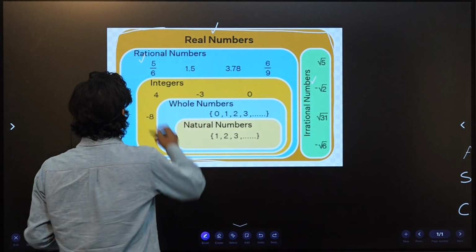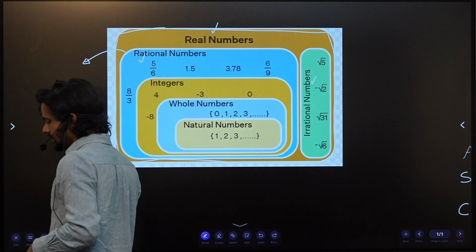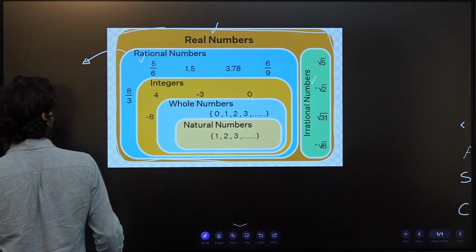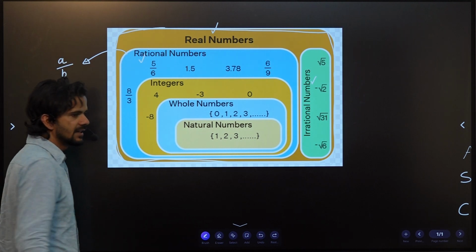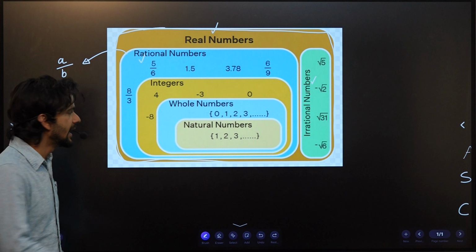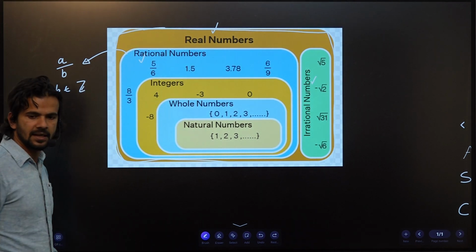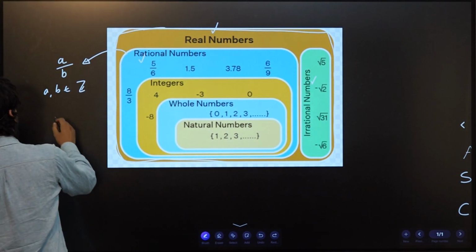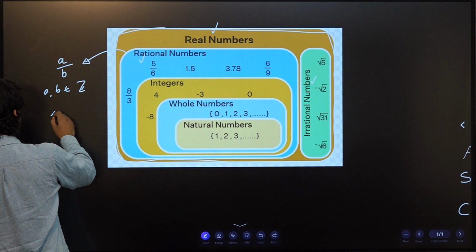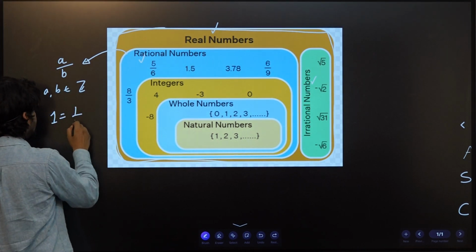What kind of number is a rational number? If a number can be expressed in the form of a divided by b, where a and b both belong to integers, it is called a rational number. So 1 is a rational number because 1 can be written as 1 divided by 1.